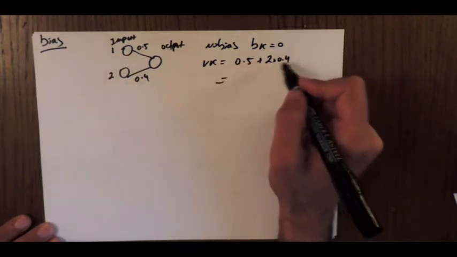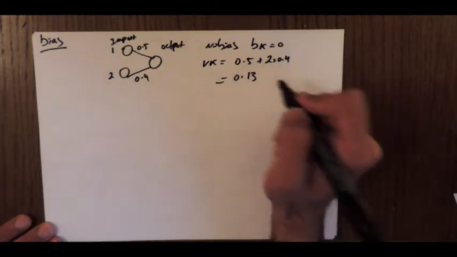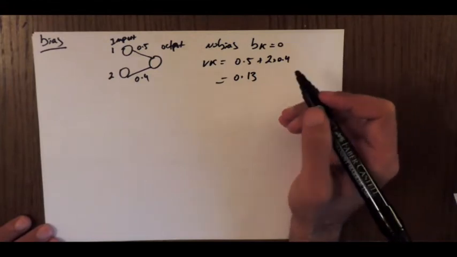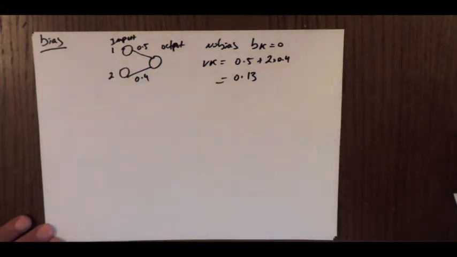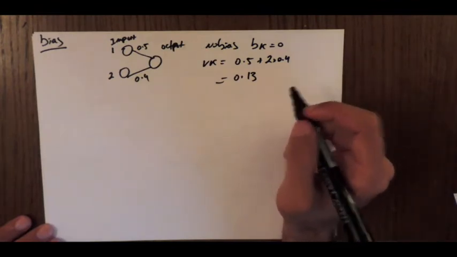This means we have 0.5 plus 0.8, which is 1.3. So for me, everything greater than 0 will make the neuron fire. Everything less than 0 will make the neuron not active.